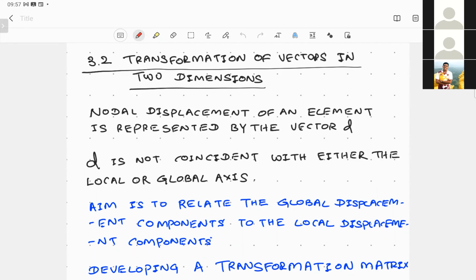In this section, where we're talking about transformation of, let's say, vectors in 2 dimensions, we are applying the same principles, but we are trying to map the global coordinate system to a local coordinate system now in 2 dimensions. What is the motivation? Always the motivation is to construct the total global stiffness matrix for a total structure based on the equations derived for element stiffness matrices.